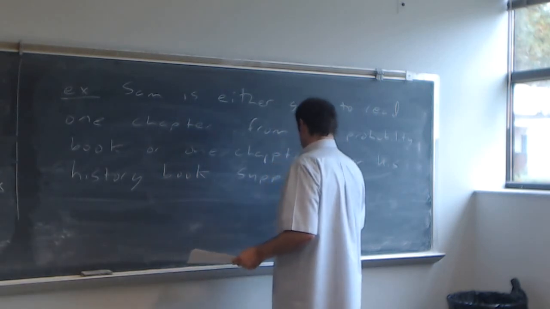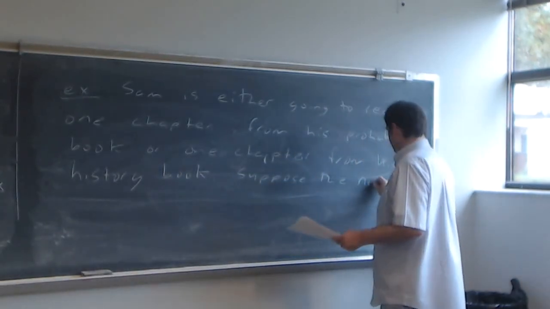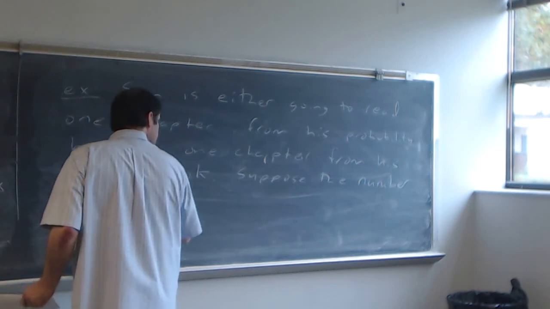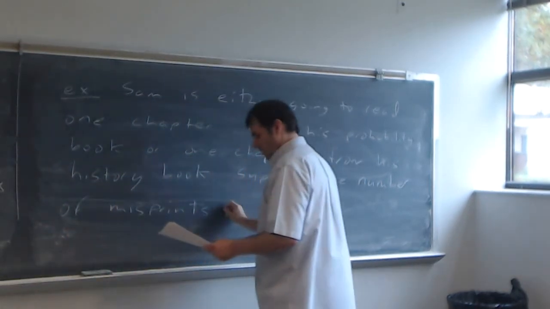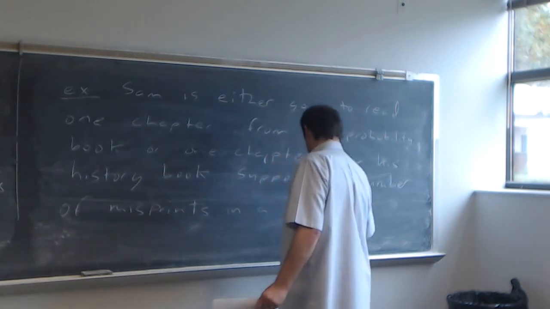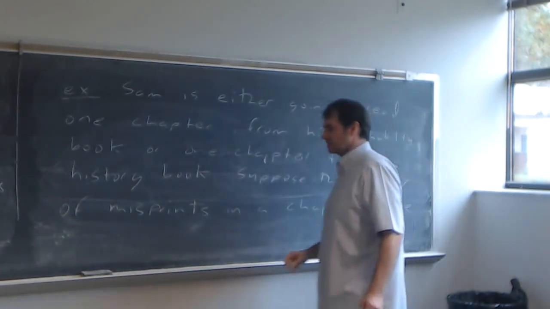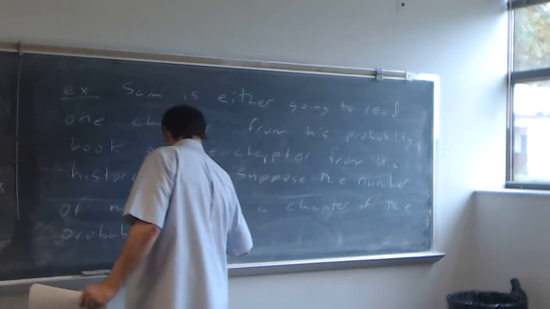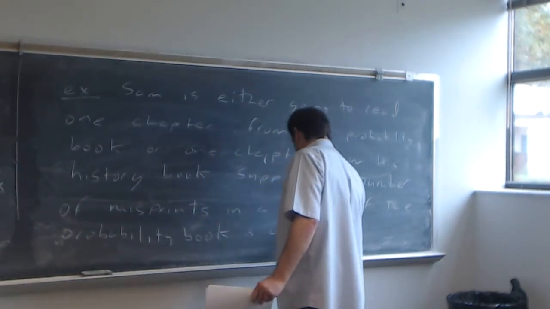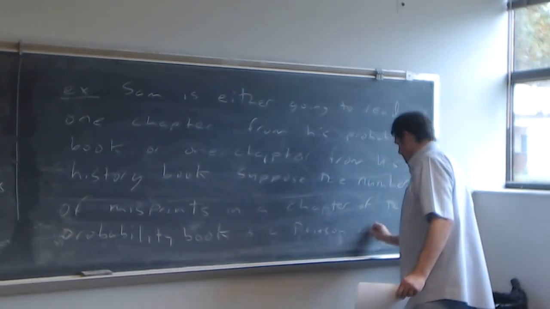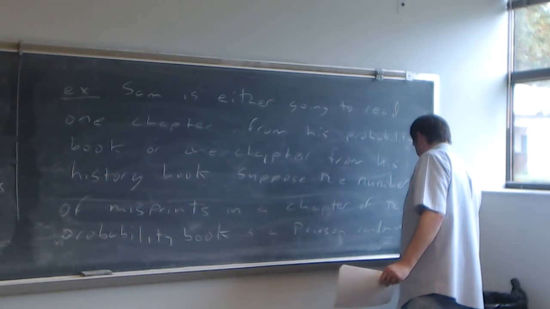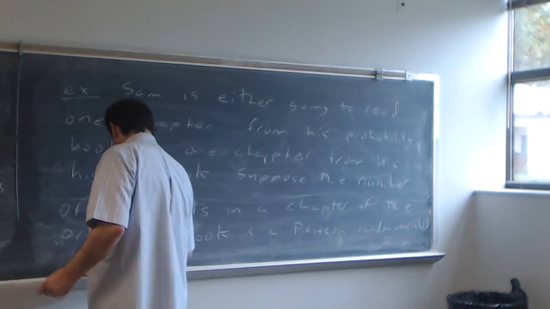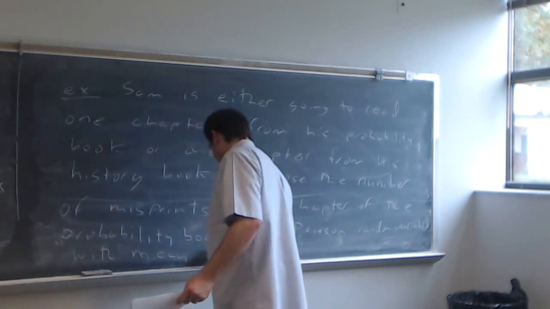Suppose the number of misprints in a chapter of the probability book is a Poisson random variable with mean 5. Expected value is 5.